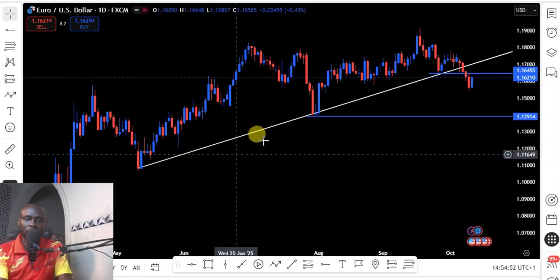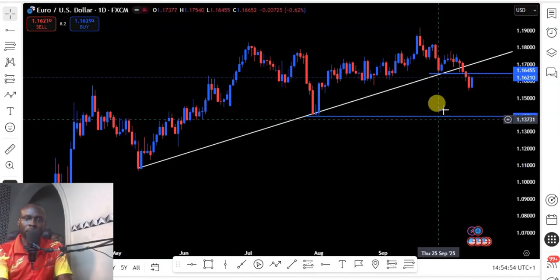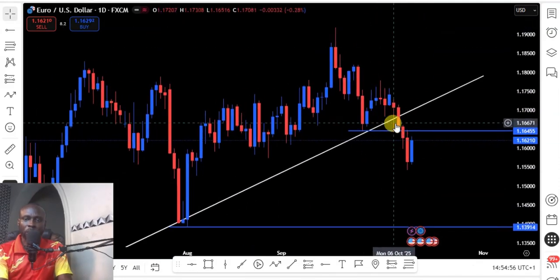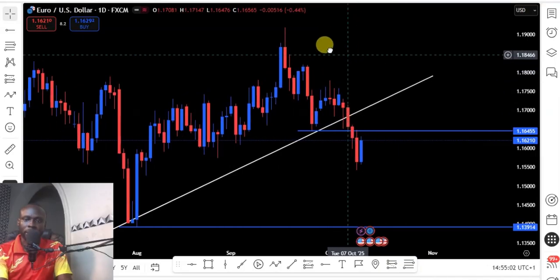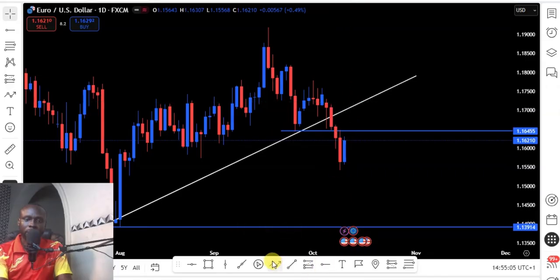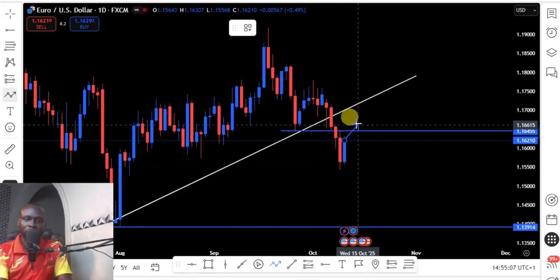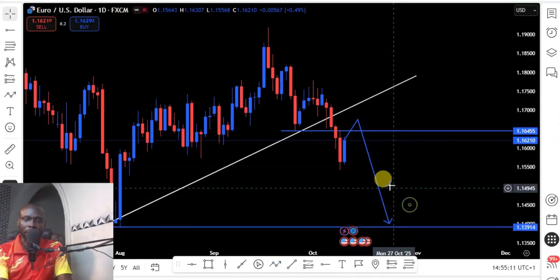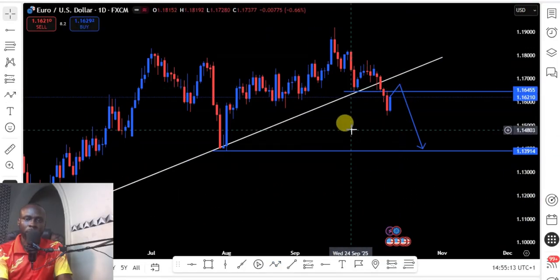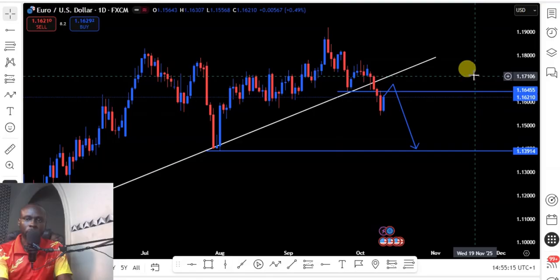You can see that we have this trend line connected to three swing levels, and you can also see that price has closed below this trend line, which indicates also a strong downtrend for the EURUSD. So what we expect now, we need price to do a retest of these weekly levels, then we'll see further sell for the EURUSD to the downside. So look out for your selling opportunity on the EURUSD this coming week.